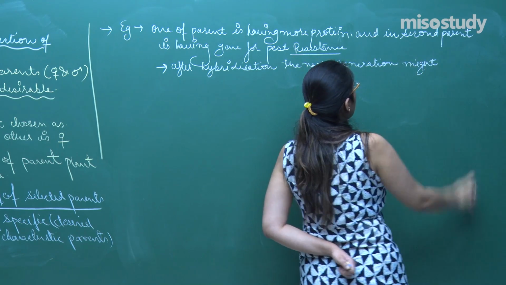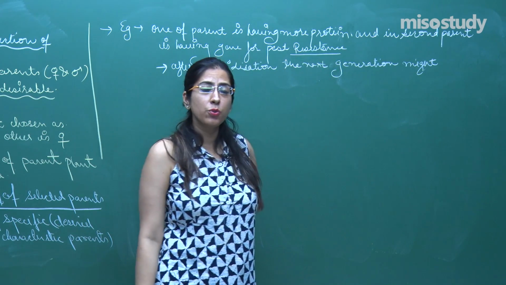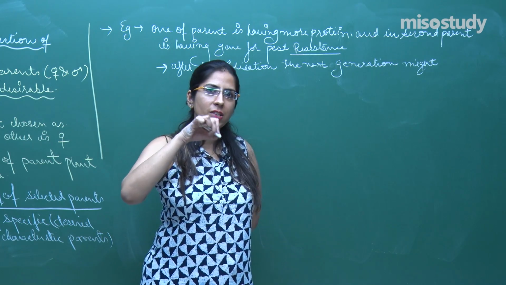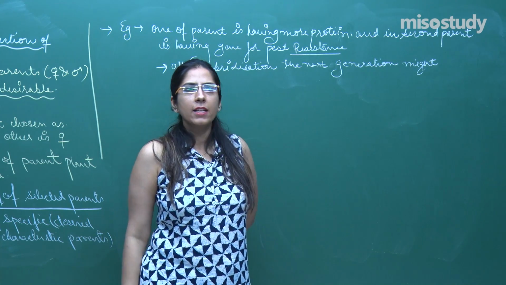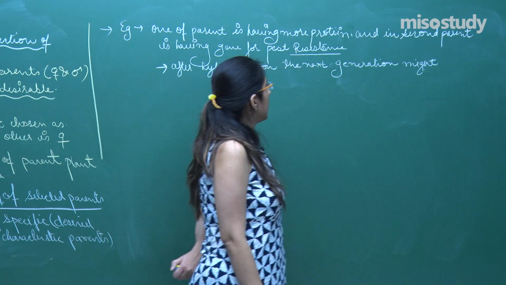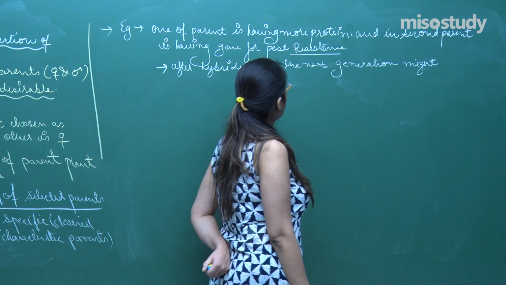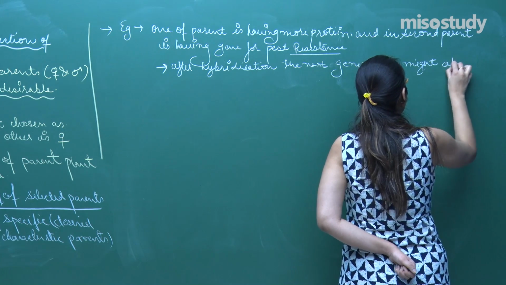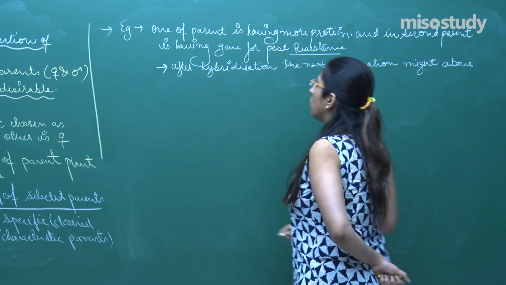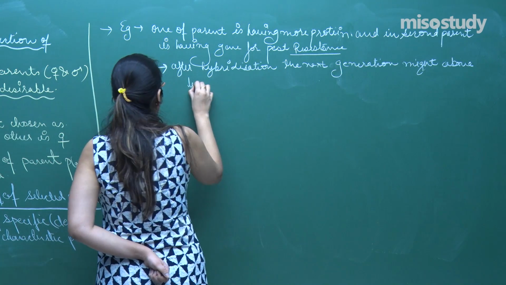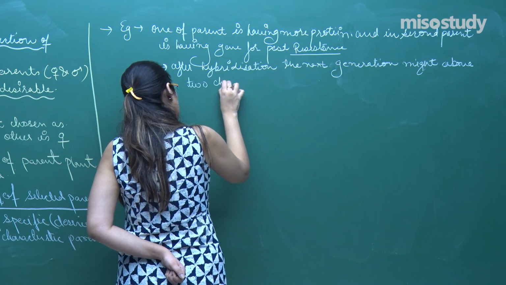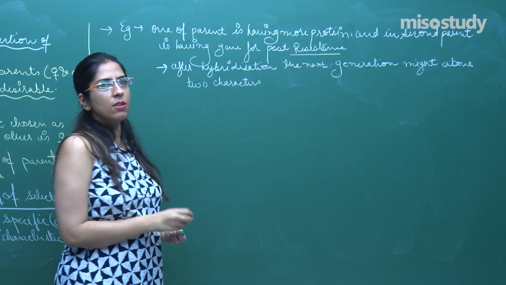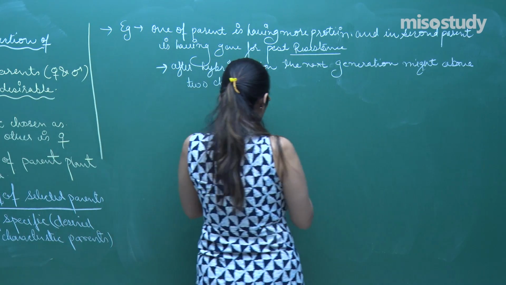It's not necessary that all will have them, and choosing from those thousands of seeds the ones with our desired genes, our desired characters, is a very tedious job. The chances of these are 1 in 100 or 1000.